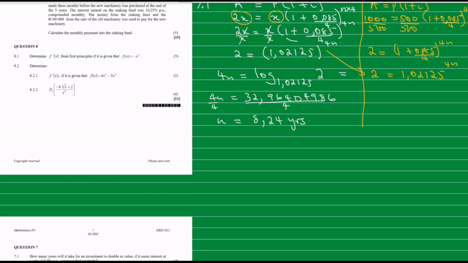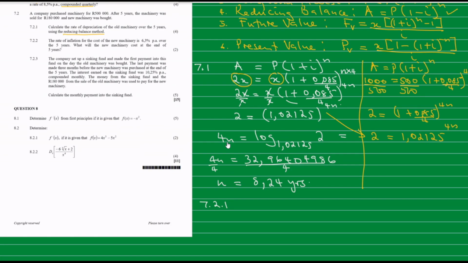So 7.2.1, our formula is going to be A is equal to P(1 minus i) to the power n. So we are given a machinery here that was 500,000.